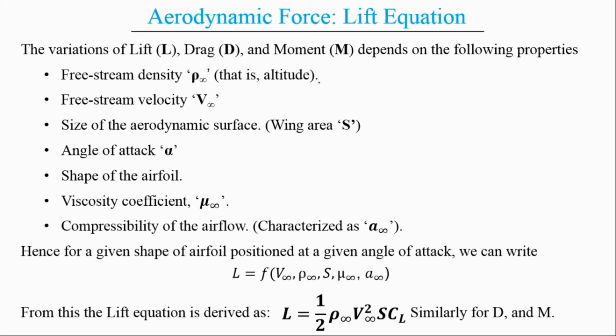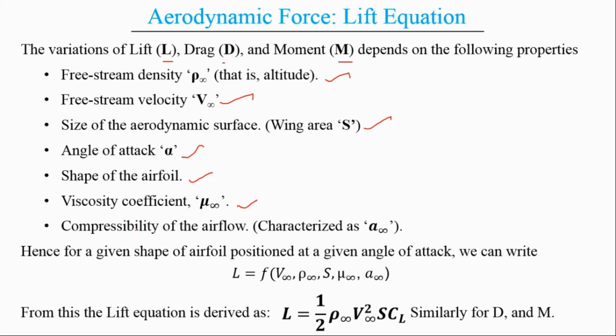In general, when we try to include all those variations, we can see that lift, drag, and moment, L, D, and M, basically depend on the density, the velocity, the wing area, how big the wing is, the angle of attack, of course, and the shape of the airfoil, the viscosity coefficient.